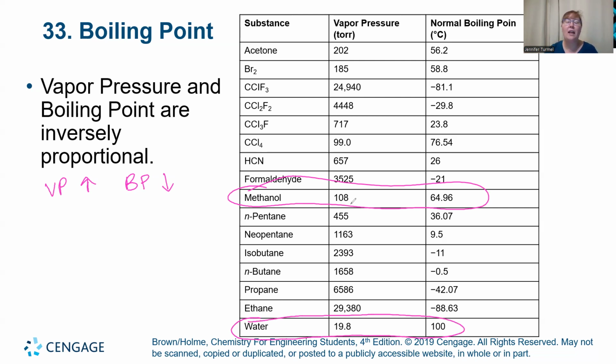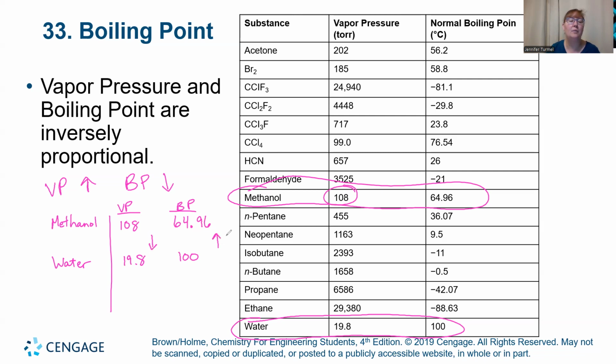Okay, so methanol has a vapor pressure of 108 and a boiling point of 64.96. And then water has a lower vapor pressure of only 19.8, and then a higher boiling point of 100. So this one went down, and then this one went up.